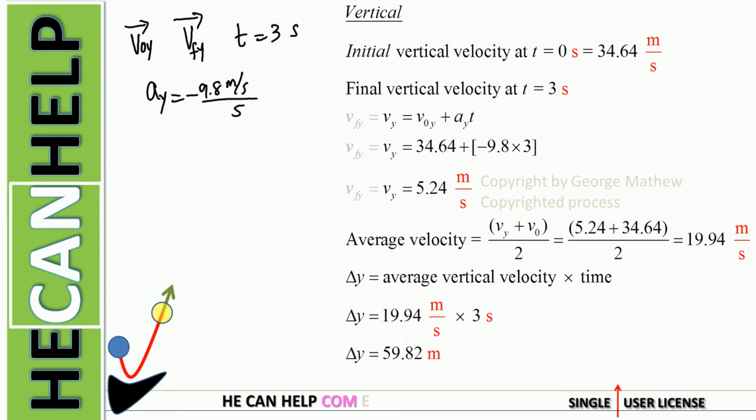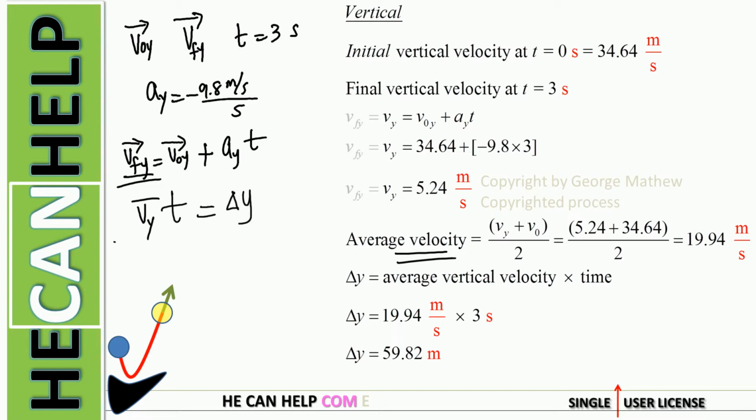From the definition of acceleration, we get v final y is equal to v initial y plus acceleration along y times time, from which we can find the final vertical component of the velocity vector. Once you have the initial and final vertical components of the velocity vector, we can find the average velocity along the vertical. Once you have the average velocity along the vertical, you can multiply that by time and you get the displacement along the vertical. All right, so that's what I did here.